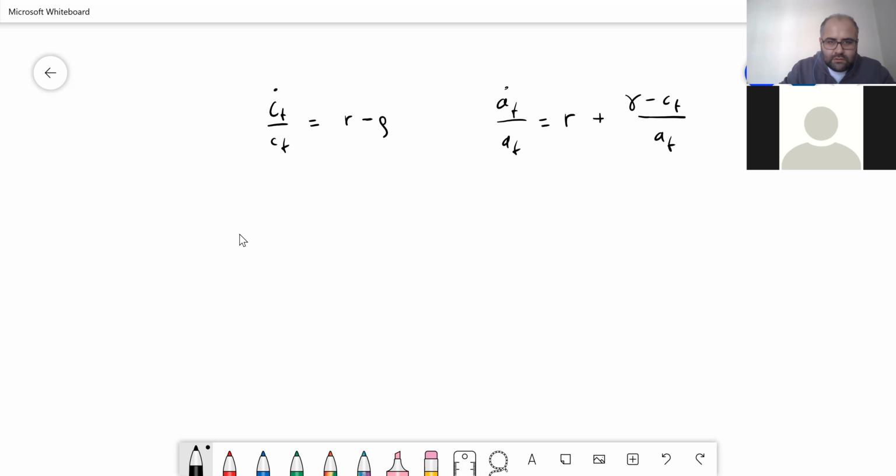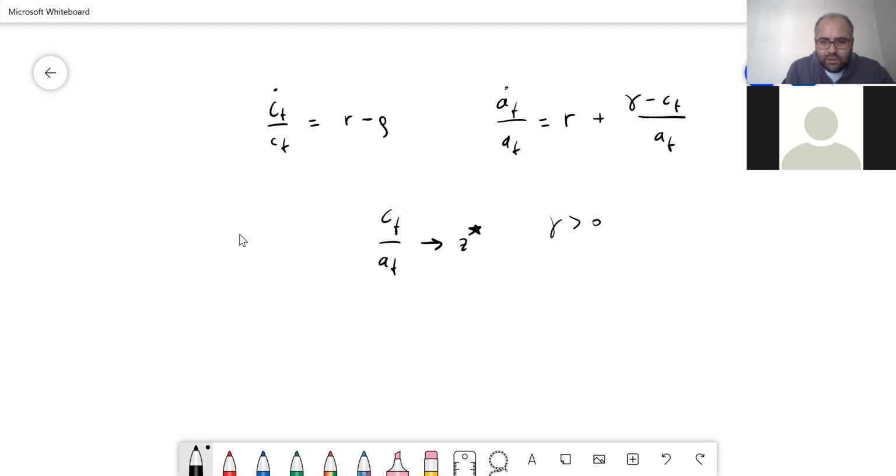If this is fixed, and if you want a balanced growth situation, as I just drew, then this part should also be fixed. In other words, this number should converge to some constant.